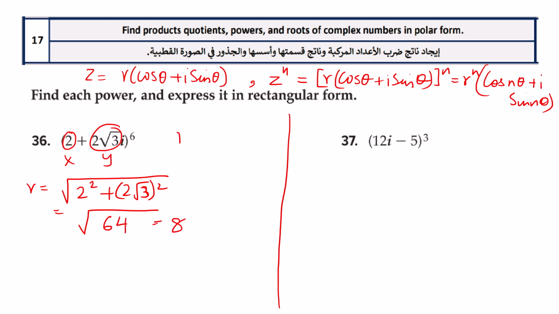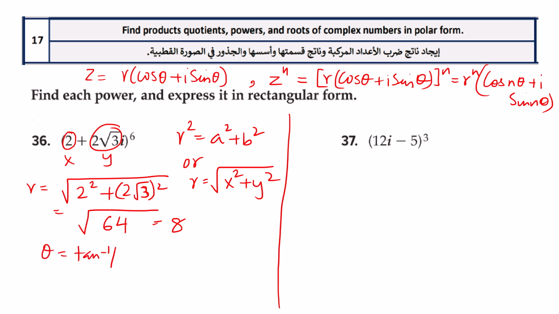Which formula did I use? r squared is x squared plus y squared, or r is square root of x squared plus y squared, same thing. Now we need the angle. For the angle, we need to do tan inverse y over x. Both are positive, so no need to add pi. So tan inverse of 2 root 3 divided by 2. Use your calculator.